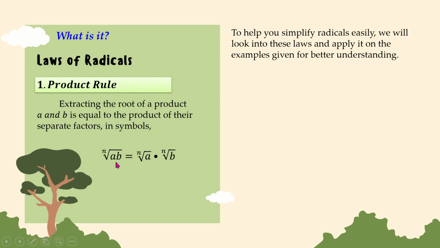Product, no, kay tapad mas lang, multiplication. Extracting the root of a product a and b is equal to the product of their separate factors. The square root of a times the square root of b, or the nth root of a times the nth root of b. Ano tawag siya nth root? Kay we're not yet sure kung pila gid ang index. Munang gibasa siya as nth root of a times the nth root of b.